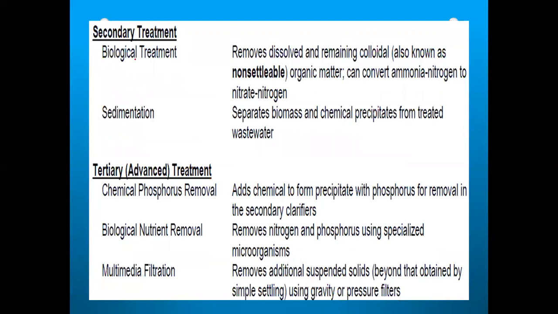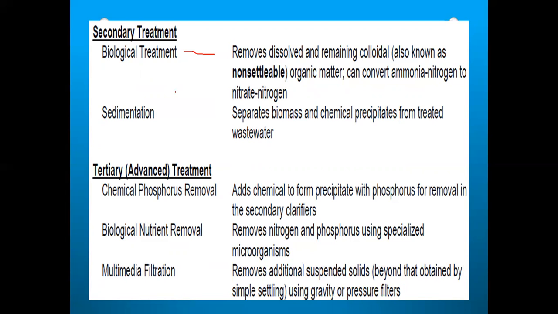Next. So the secondary treatment, in this secondary treatment, what are we having? Biological treatment process as well as a sedimentation process. So in the secondary treatment, we have two basic things: suspended growth process and attached growth process. In the suspended growth process, we have the activated sludge process: the principles of the activated sludge process, the design and operation, modifications of the different types of activated sludge processes, and the oxidation ponds and the aerated lagoons.